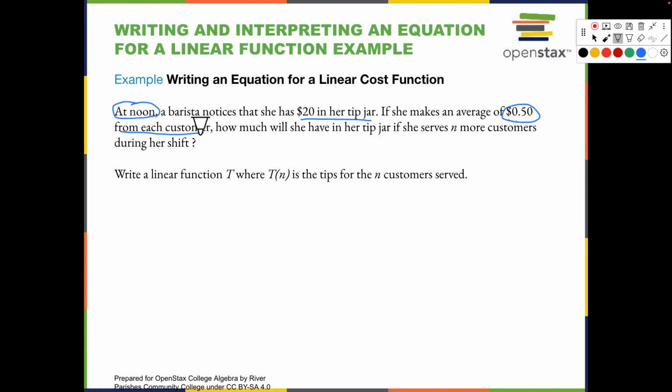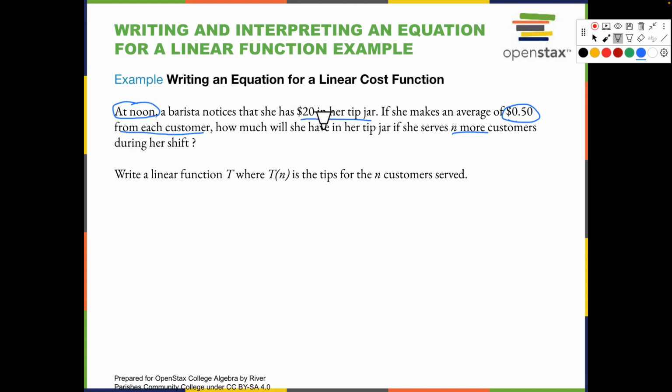When you read these, you have to see what's being multiplied and what happens at one time. How much will she have in her tip jar if she serves x more customers during her shift? So noon was when it started, right?